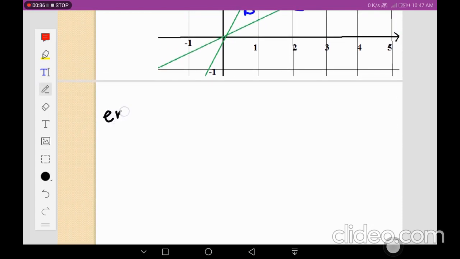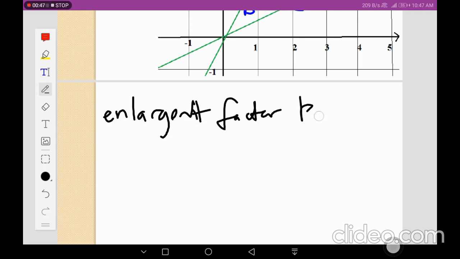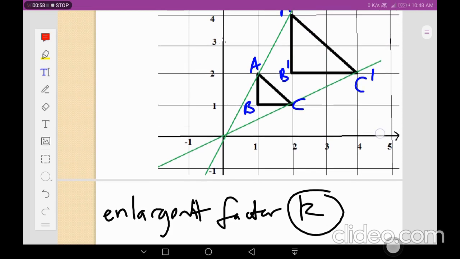So we'll say our enlargement factor K, that's the one that we want to find. To get it, we use a formula, using this diagram.